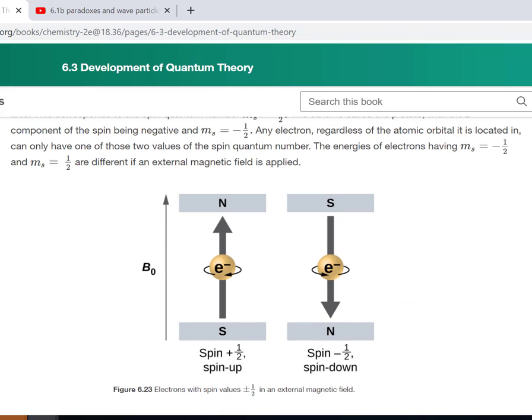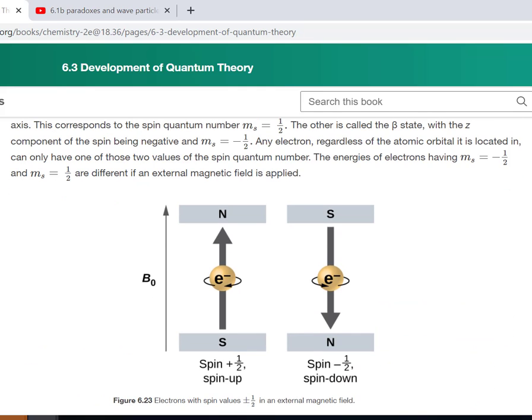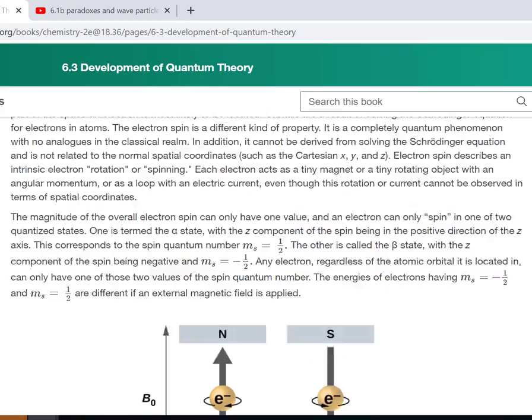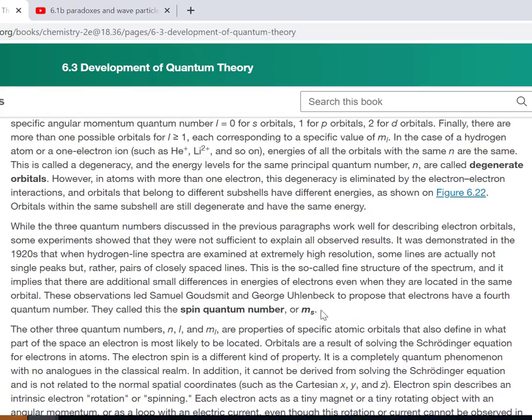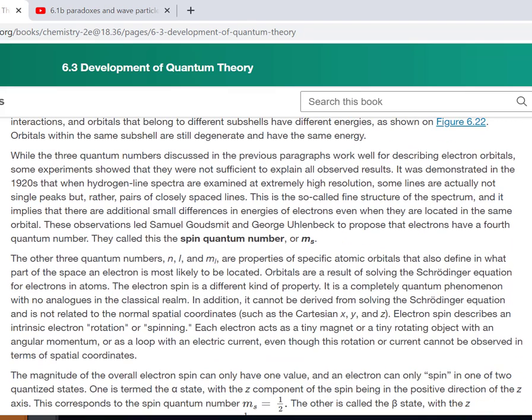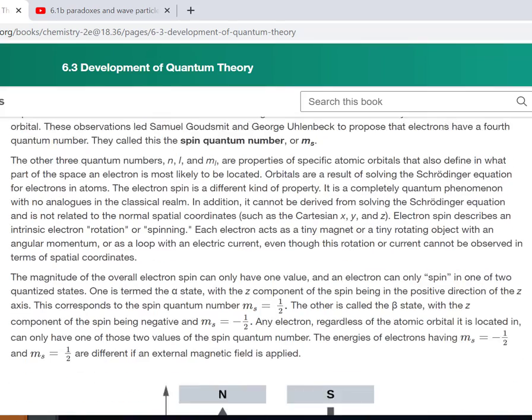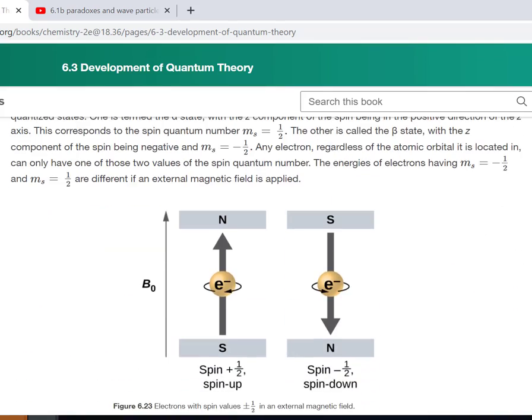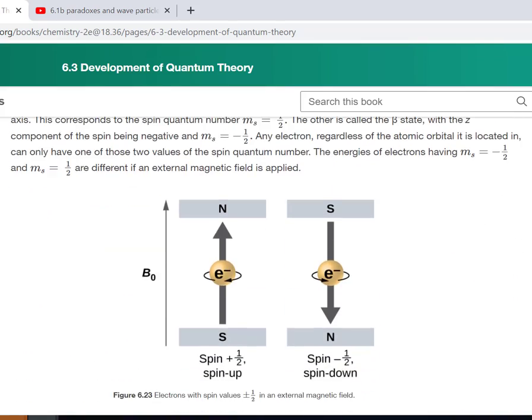The last quantum number I want to talk a little bit about is the spin quantum number, which is shown as m sub s. It is actually not related to the other 3. The other 3 are mathematically related to each other. This one is different. The idea here is that the electrons are spinning, or doing something that we would associate with spinning.